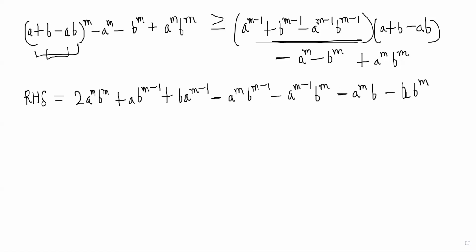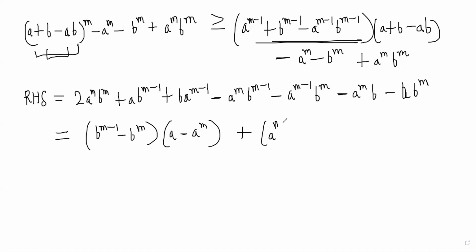This is what the RHS is equal to right now. And we can factorize it like this. It is (b^(m-1) - b^m)(a - a^m) plus (a^(m-1) - a^m)(b - b^m).